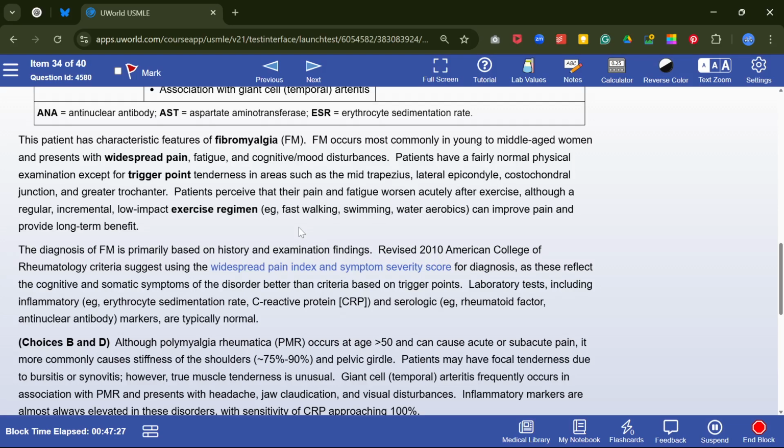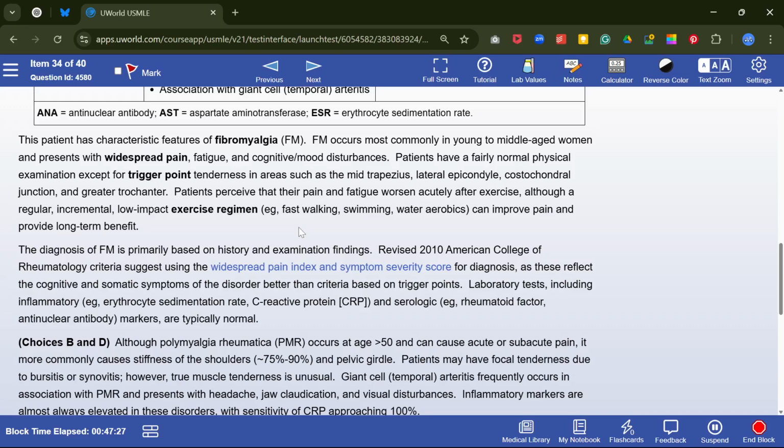Patients have a fairly normal physical examination except for trigger point tenderness in areas such as the mid trapezius, lateral epicondyle, costochondral junction, and greater trochanter.